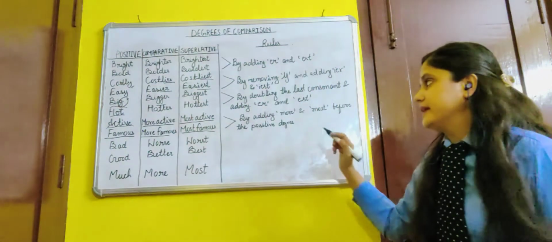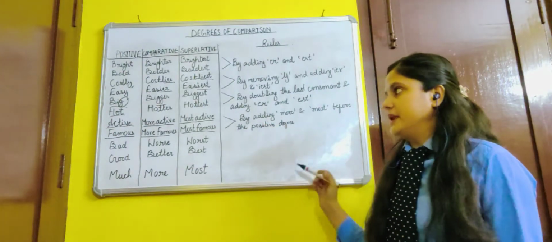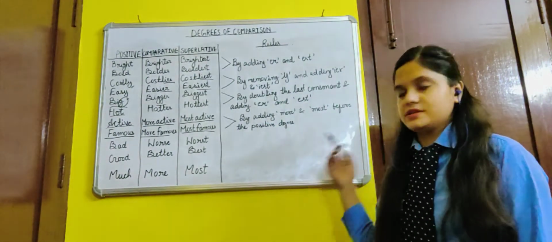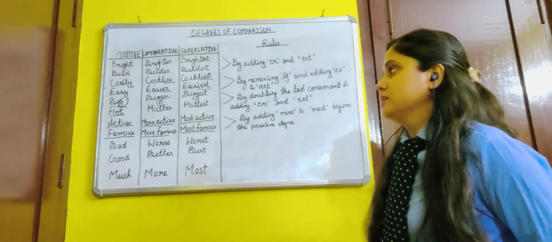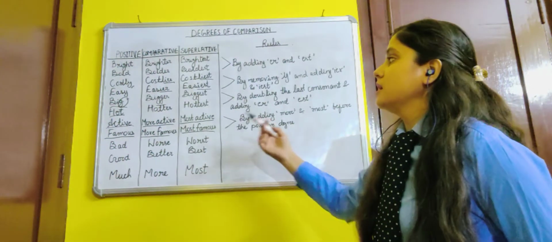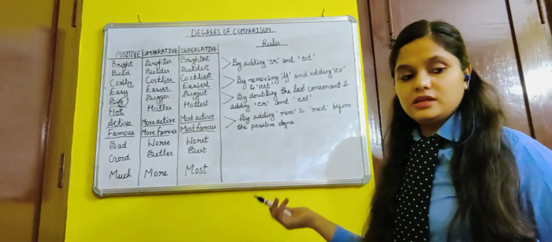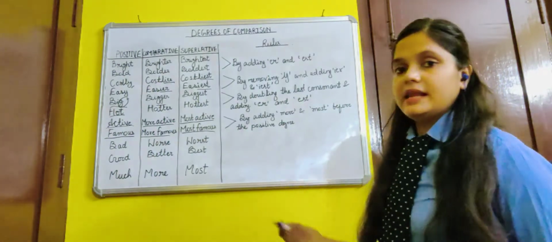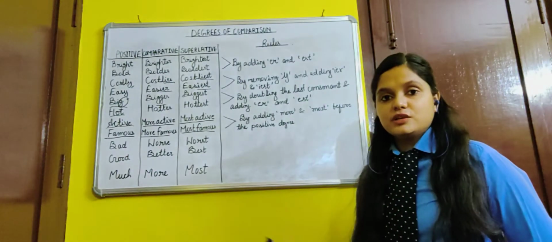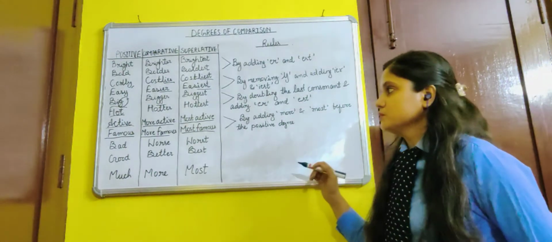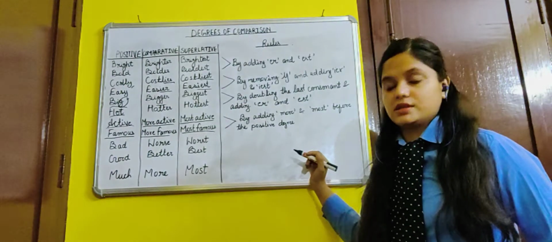Okay, so this is the rule that by adding more and most before the positive degree, we can make comparative and superlative degrees respectively. As you can see, active, more active, most active; famous, more famous, most famous. In this way, you can make more comparative and superlative degrees from the positive degree, like beautiful, more beautiful, most beautiful. Okay, intelligent, more intelligent, most intelligent. So in this way we can make comparative and superlative degrees from the positive one.